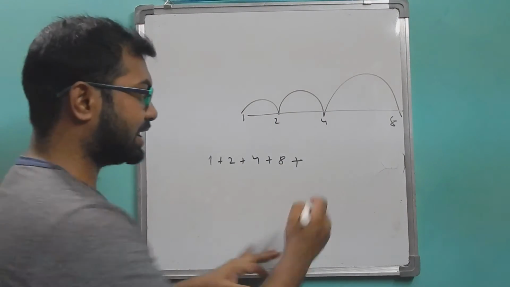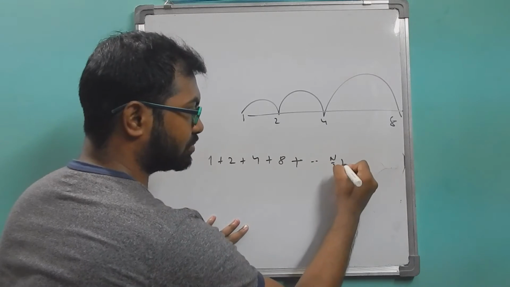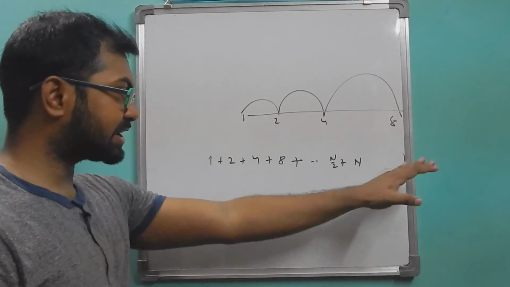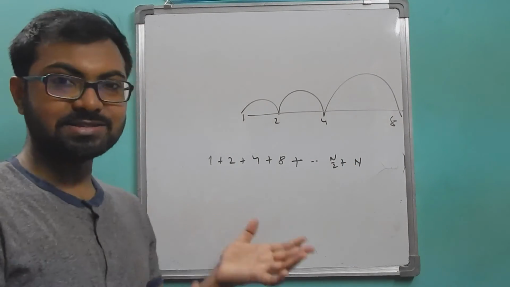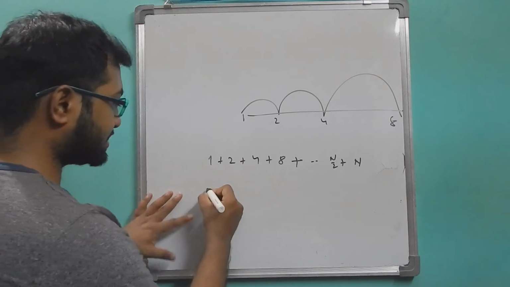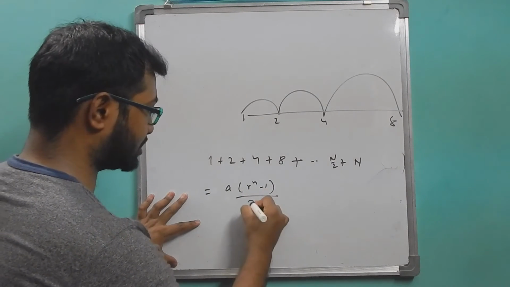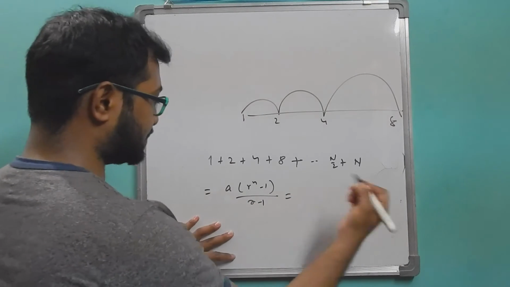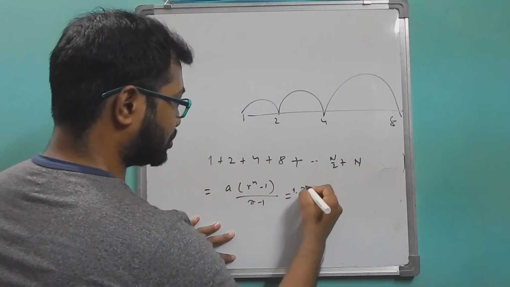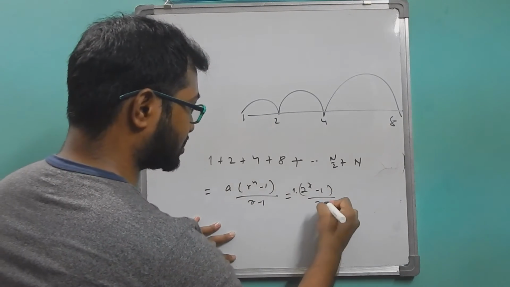And we reach n by 2 plus n, right? And if that is the case, we can easily see it as a geometric progression. So the formula becomes a times r to the power n minus 1 by r minus 1, I guess, yeah. So this becomes 1 into 2 to the power x minus 1 by 2 minus 1.